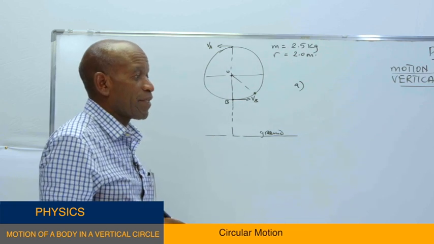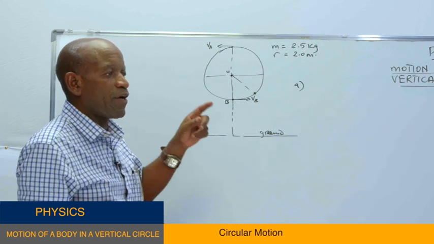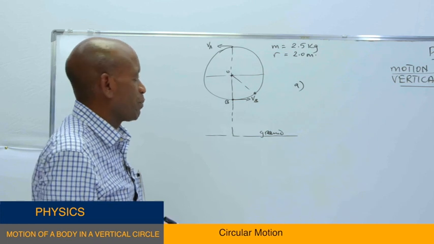So whenever it passes at the bottom, we need to determine its angular velocity at the lowest point.